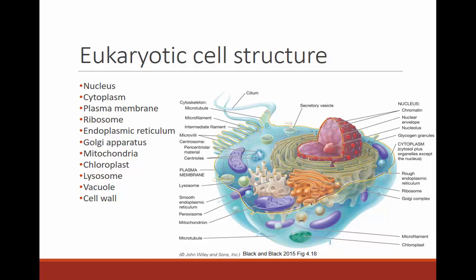The way they do that is with these centrioles. It's like an attachment that draws them to either end of the cell. And then when they have been divided, the cell will divide in two.